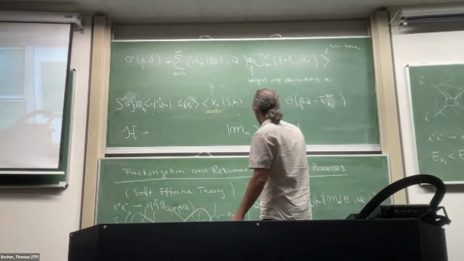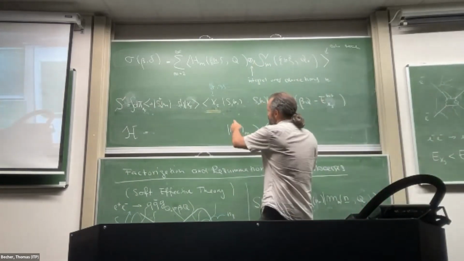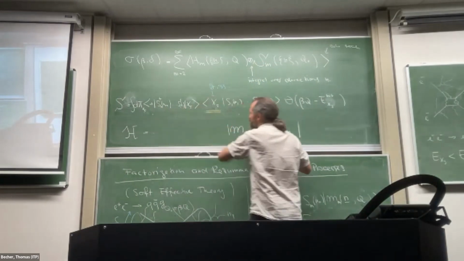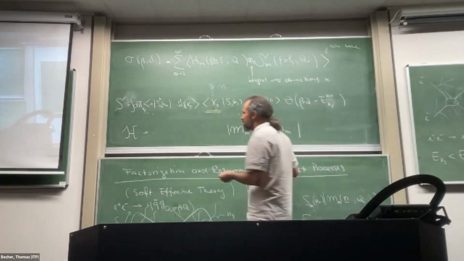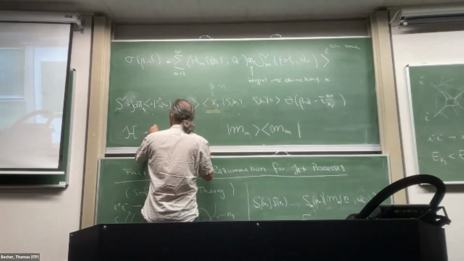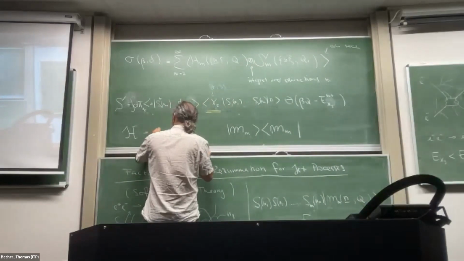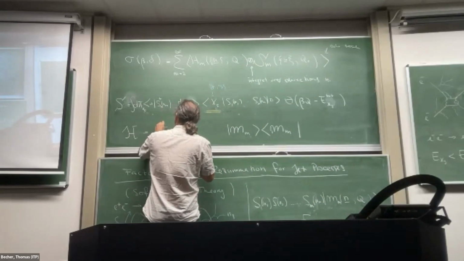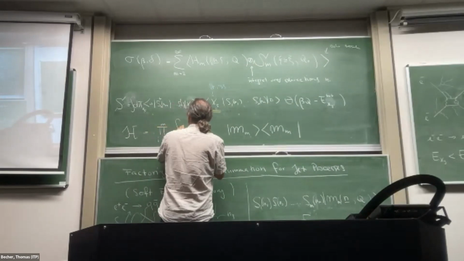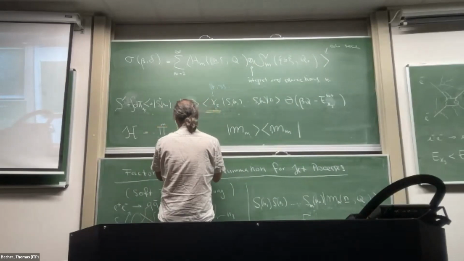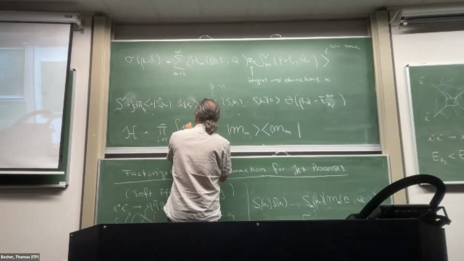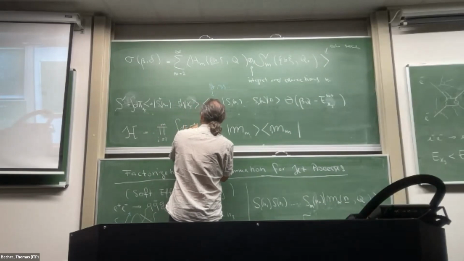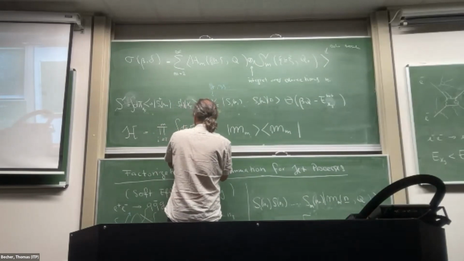And I want these soft emissions, they only know about the directions, so I can integrate over all the energies of these hard partons. So I have an energy integral dE times E to the power d minus 1 over some factors of 2 pi squared.